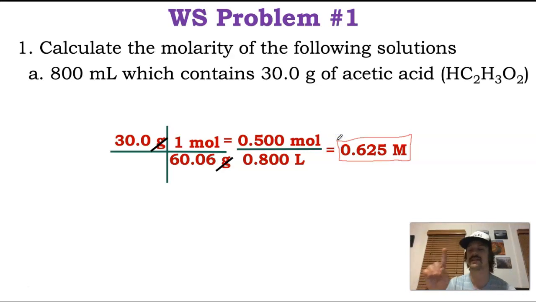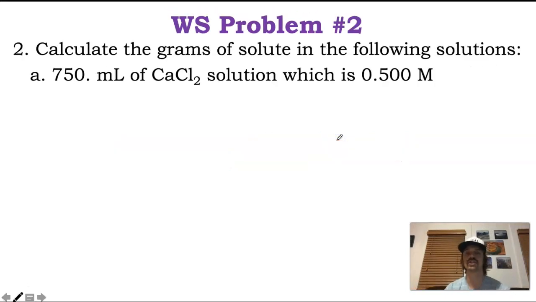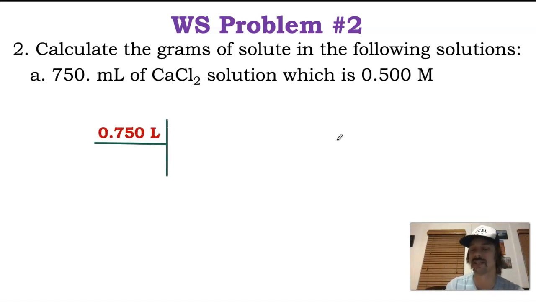All right, that's section 1. Section 2 is more like the problems we did a moment ago. In this case, I'm given a volume and a molarity, and I'm asked to calculate grams. So remember, when I'm given a volume and a molarity and asked to calculate grams, you start with your volume, but our volumes in this unit are always in liters.